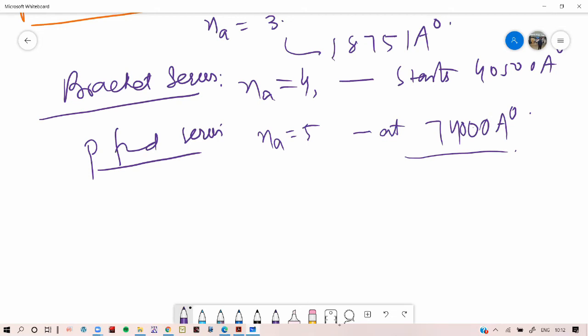And what Rydberg said is that for other atoms, and particularly for alkalis, the frequency of lines can be represented by a difference in what they call terms. A term is actually the ratio of R by Na square.